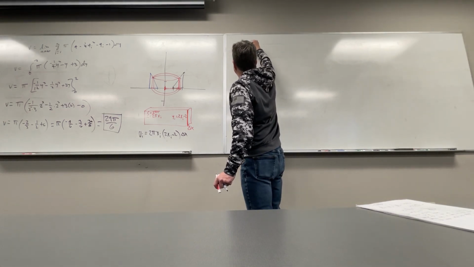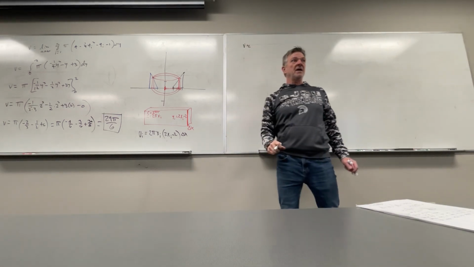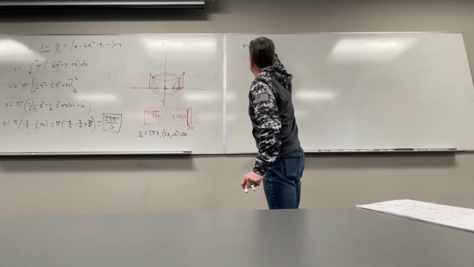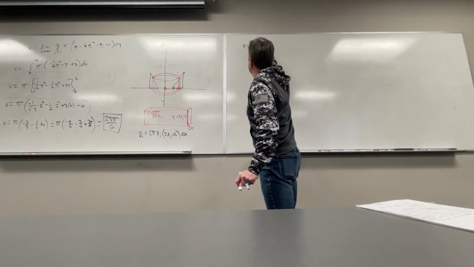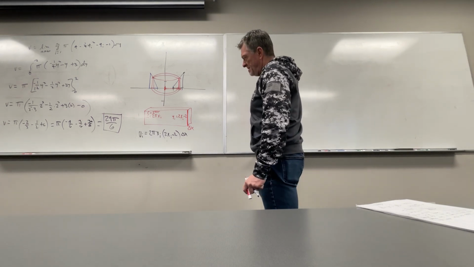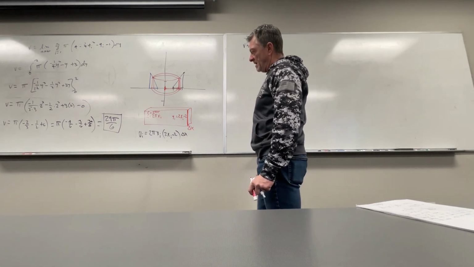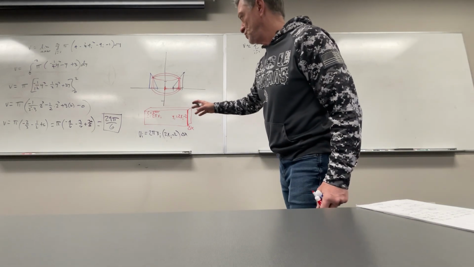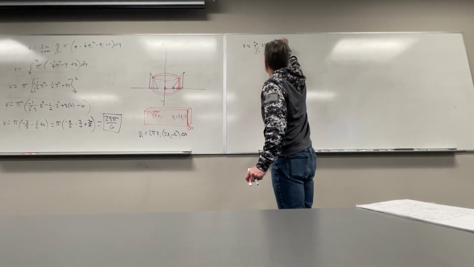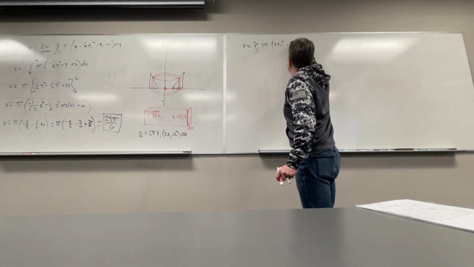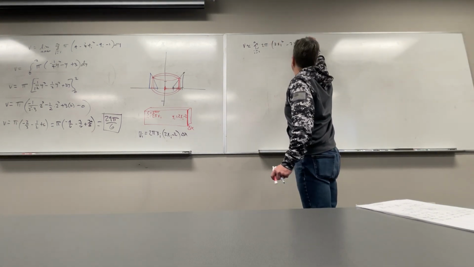The volume can be approximated by a bunch of those, so we're gonna add them up. i equals 1 to n, 2 pi. I think it's probably to my advantage to multiply that out. So I'll have 2x sub i squared minus 2x sub i, delta x.